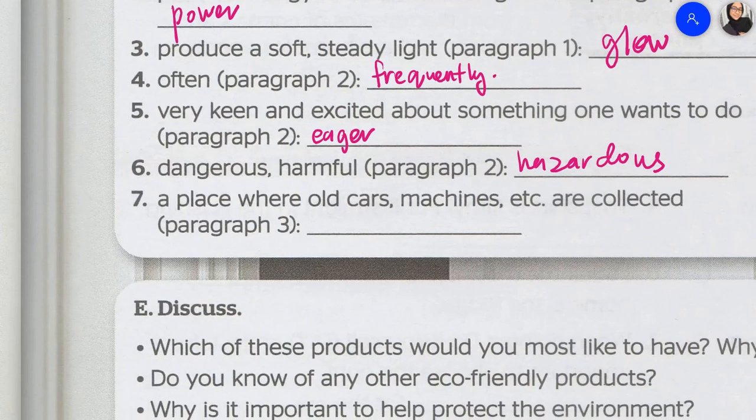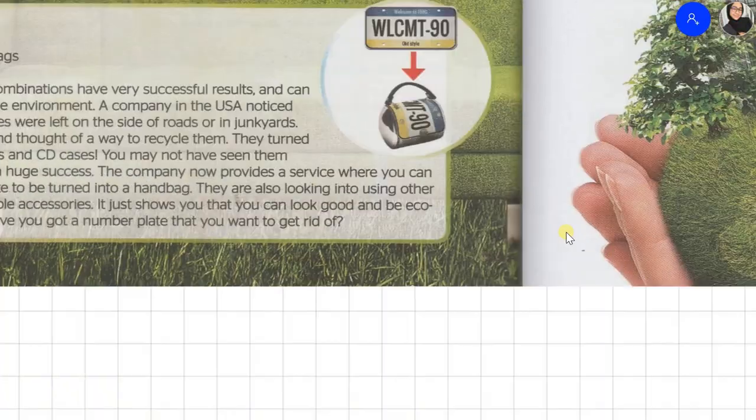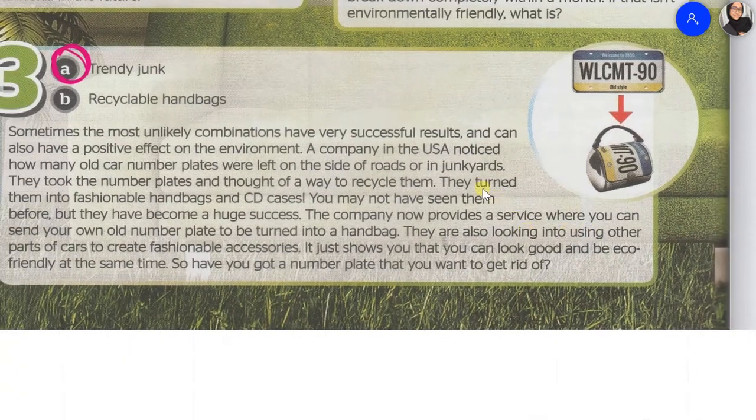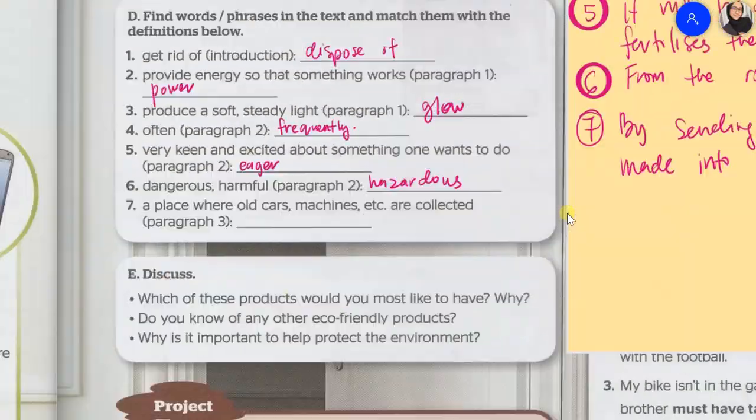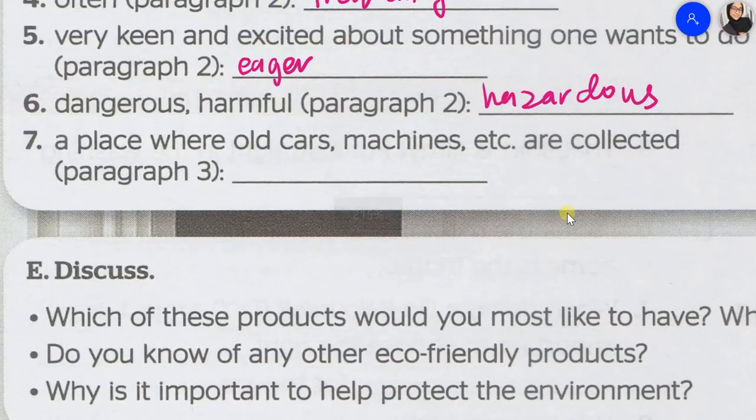Okay, number 7. A place where all cars, machines and etc. are collected. Ni macam tahu je, kan? It's a junkyard. Tadi saya dah explain. I have explained just now. Kan? Junkyard ni macam tempat pembuangan sampah.